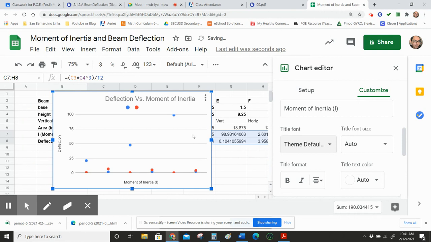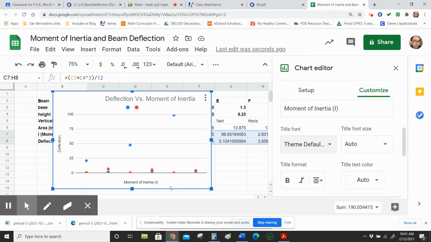Okay, so basically there's a chart. It's funky and all because I am not the expert at Google Sheets. It's a little bit different than doing it in Excel. But what you should be able to see from this is that as your moment of inertia increases, your deflection should decrease, right? So think about the resistance to deformation.